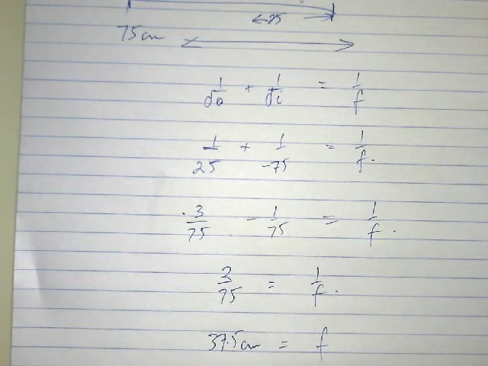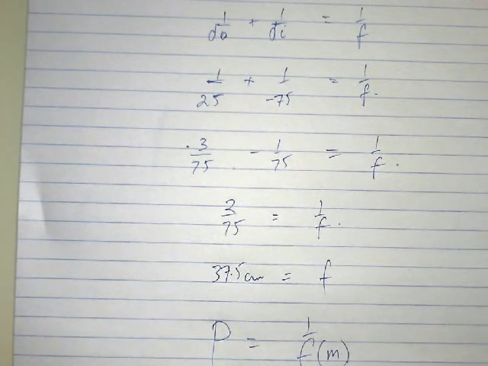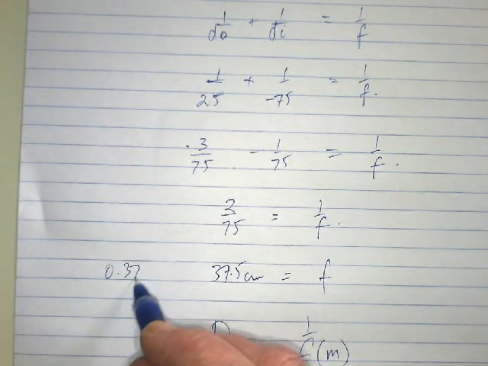Now the answers are given in powers, so they're given in diopters. The power of the lens, P, is equal to 1 on the focal length in metres. So if I convert that to metres, it's 0.375 metres.